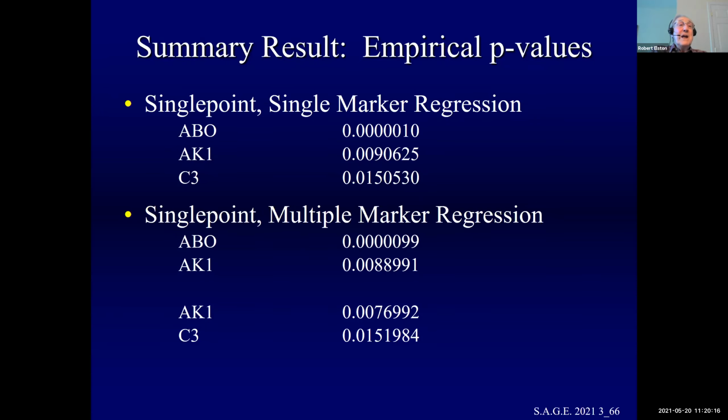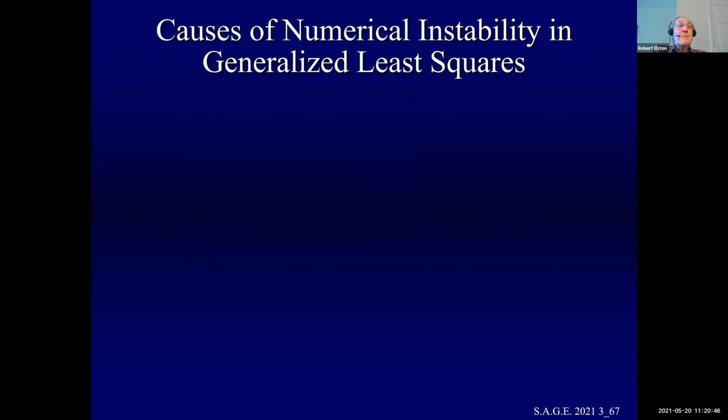So it depends. Sometimes you can get much more significance by doing multiple regression, and when I say multiple regression, I mean regress on multiple markers. That's what I mean here, multiple marker regression. And sometimes you don't.